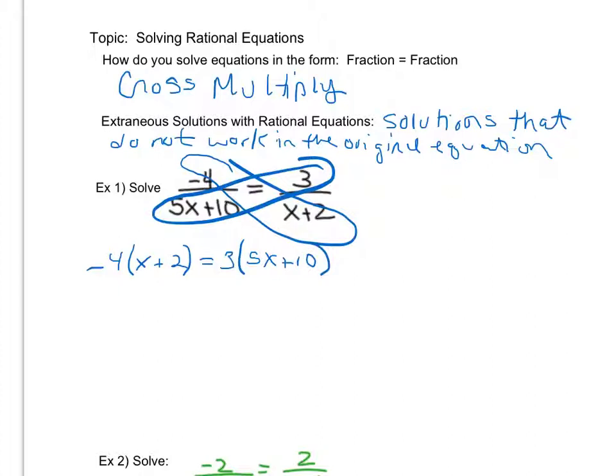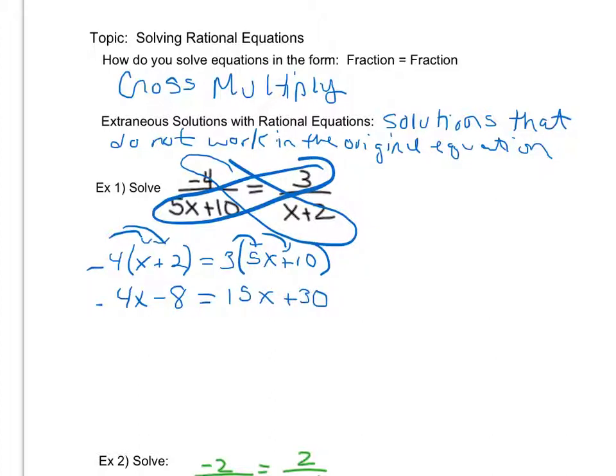Now I can go ahead and solve this, because now that I've cross multiplied, instead of a rational equation I have a linear equation. I'll start by distributing the -4: -4x minus 8. I'll distribute the 3: 15x plus 30.